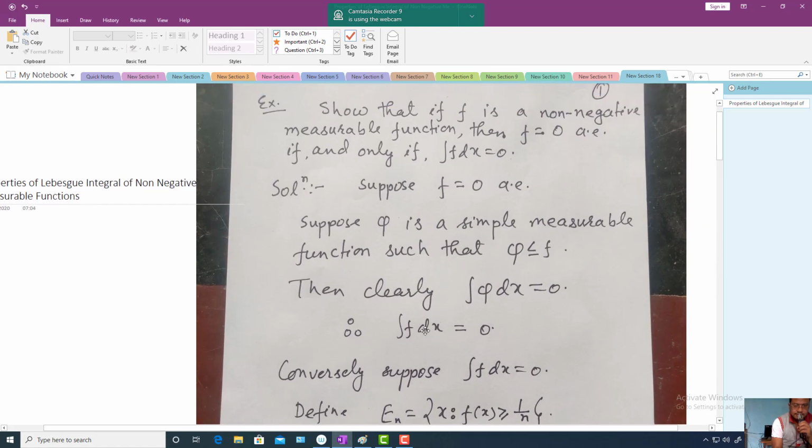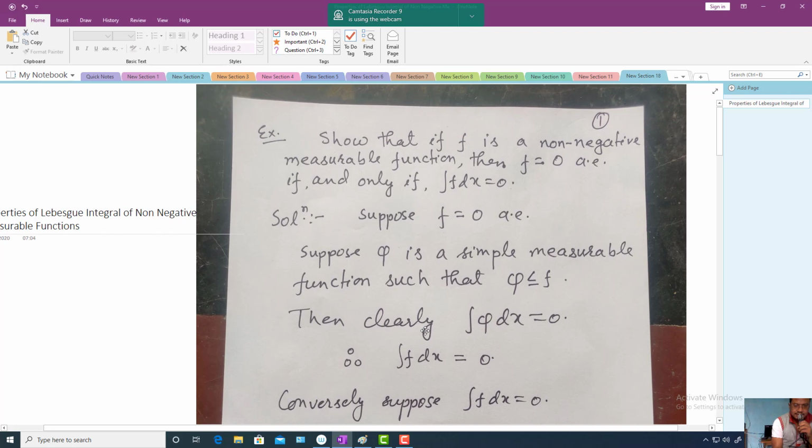In fact, these are all known results from integration calculus, integration at the graduation level, class 12 level integration in calculus. But we are going to prove these results in our new setup, that is Lebesgue integration.